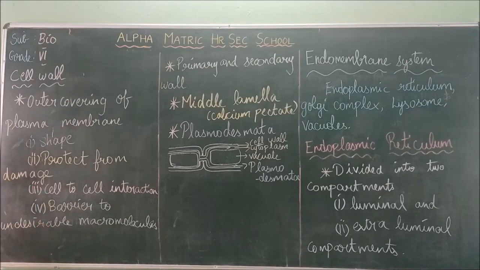Around the environment there are a number of undesirable components that are not needed for the cell, and for acting as a barrier against those molecules, the cell wall is present. So these are the four functions of the cell wall.